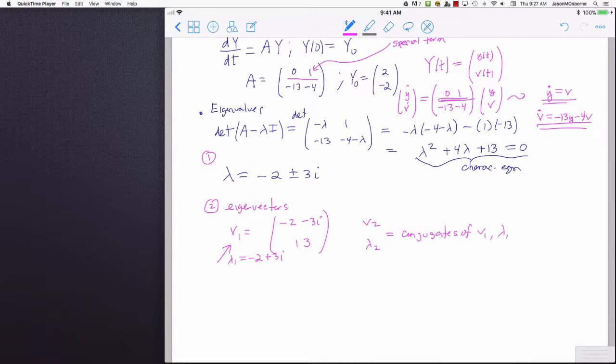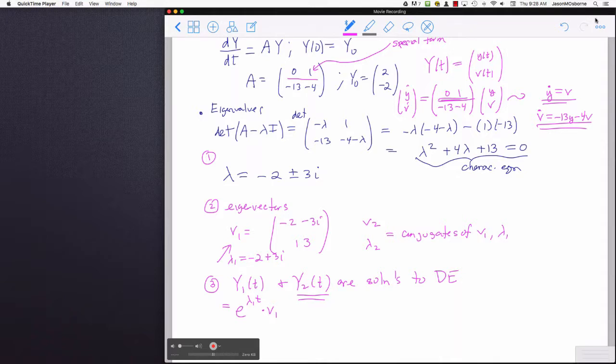So you can then find two solutions, y1(t) and y2(t), to the differential equation of the form e to the lambda 1 t times the first eigenvector, and similarly for y2. That would be your third step. I'll leave you to find those.